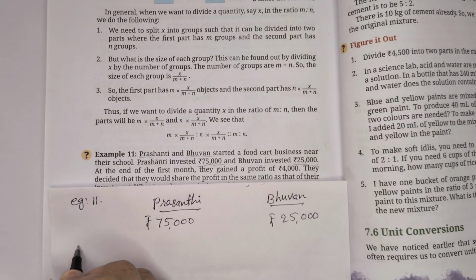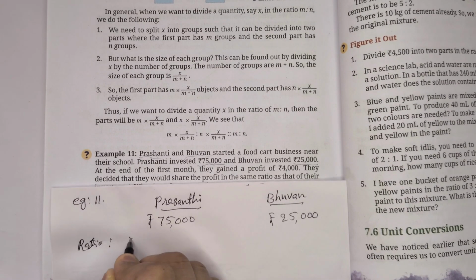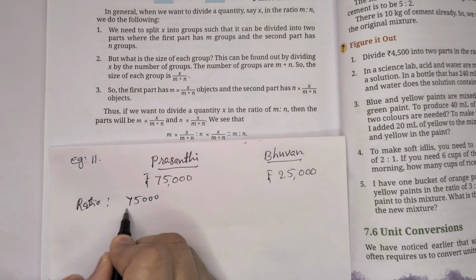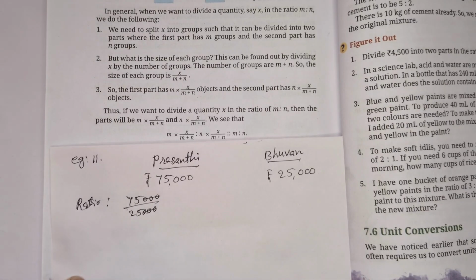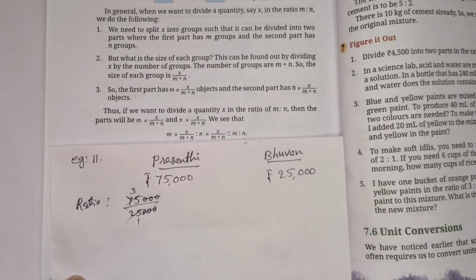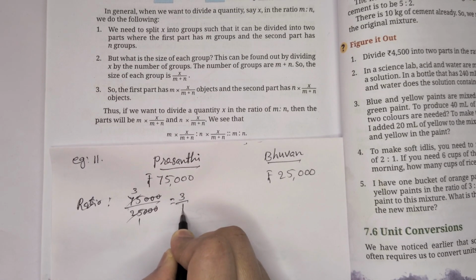So the ratio according to what they invested is 75,000 divided by 25,000. We can cancel the thousands; 25 goes 3 times in the first and 1 time in the second. So we get the simplified ratio 3 is to 1.